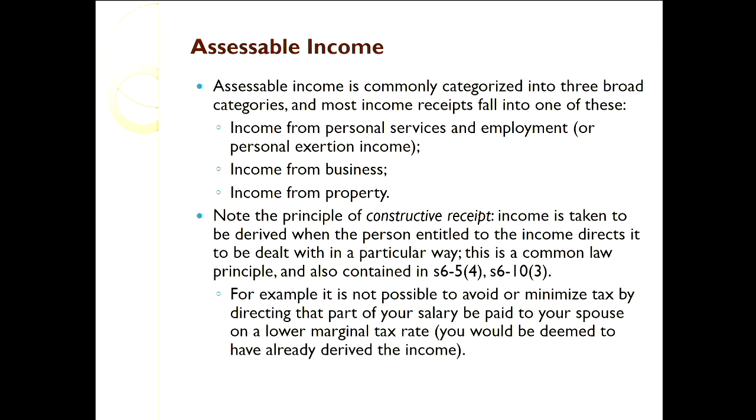What this principle says is that if you direct a particular money, a payment, to be dealt with, right, on your behalf, then you are regarded in law as the owner of that money payment already. You are deemed to have derived that payment.